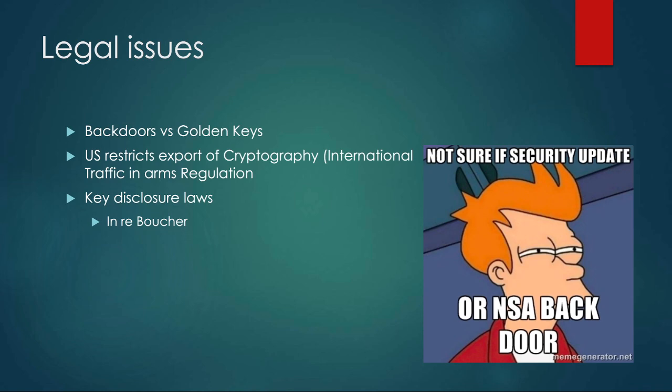Now, one of the arguments that's been happening is a lot of governments have said, yes, we should have a golden key, and the golden key should allow us to access anyone's message at any time for security purposes. Now, the problem with this is in practice, a golden key is literally a backdoor into the system.